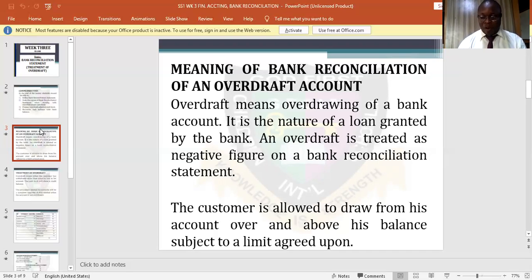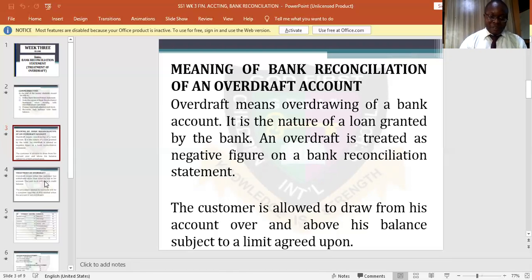So it will depend on what the bank allows the customer to withdraw from his account. When you withdraw above or over what you have in your account, that simply means overdraft.